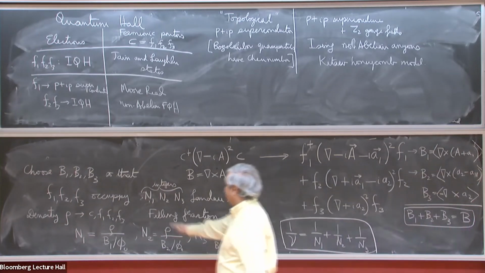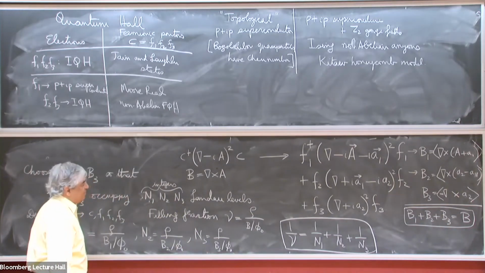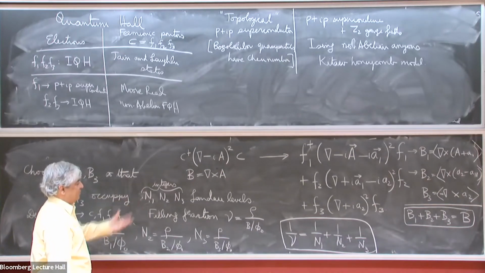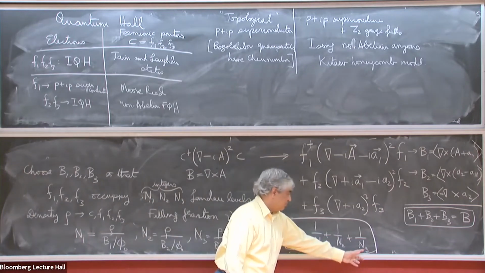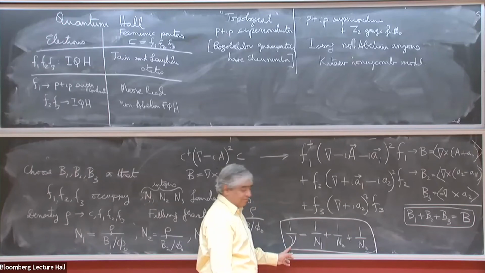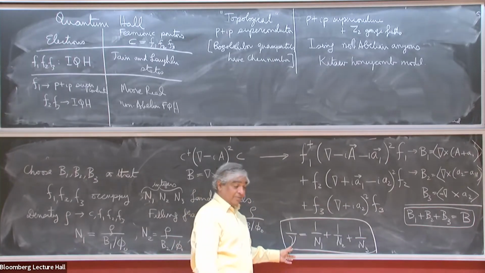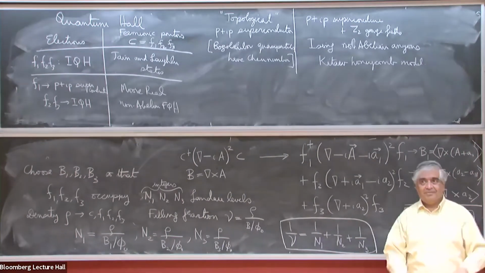So there's some 3 integers, N1, N2, and N3. And then if we just count the total number of states available at a Landau level, you come up with this constraint. So if you can find 3 integers that obey this relation for electrons filling fraction nu, then there's a possibility of getting some non-trivial state of matter, which has a gap.